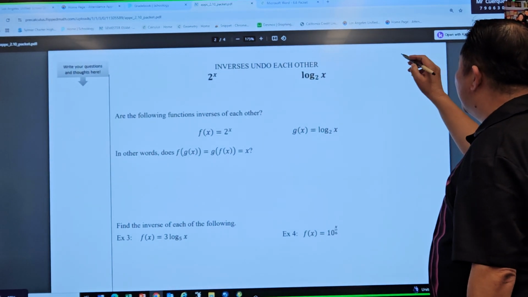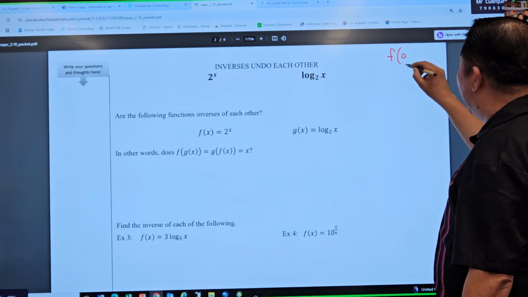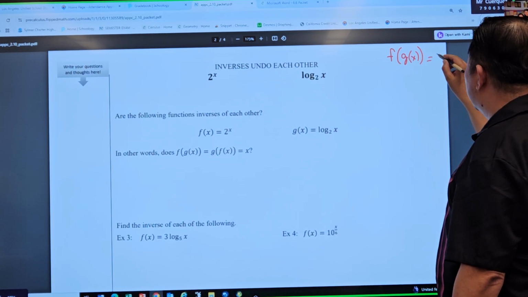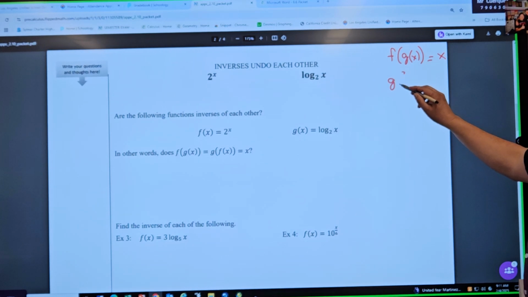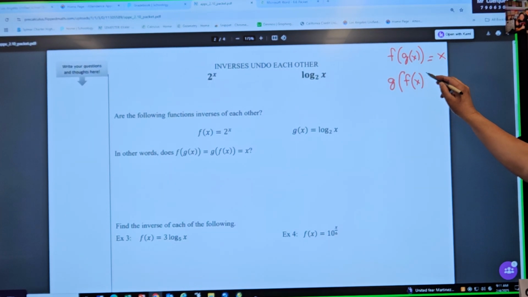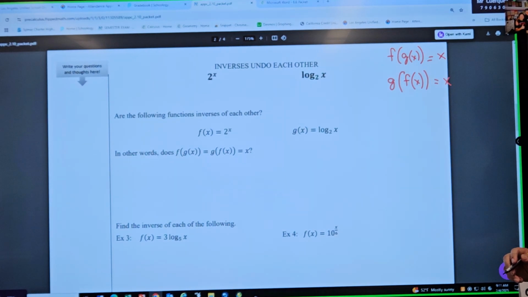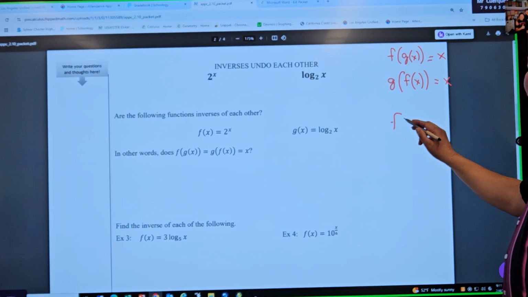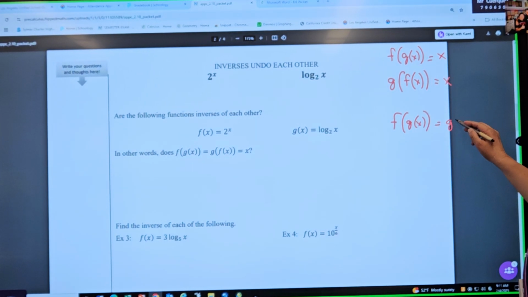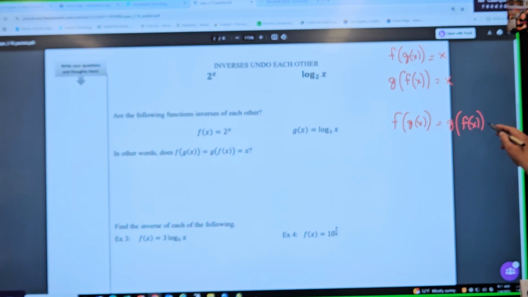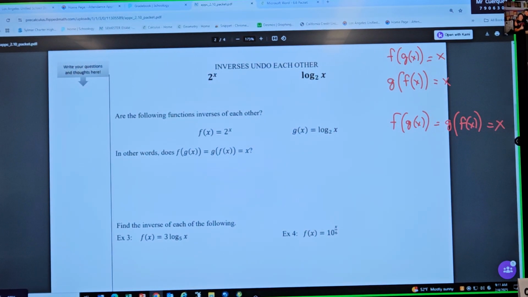Likewise, the result of g of f of x must also be equal to x.